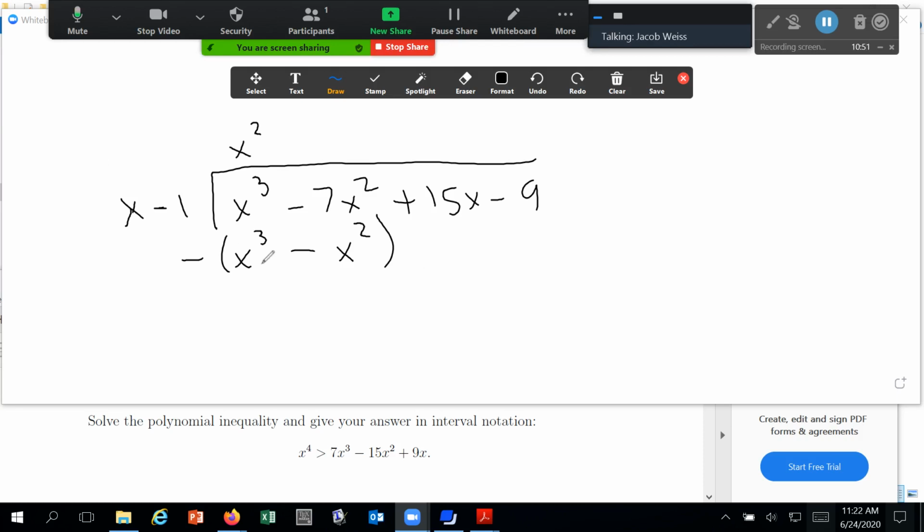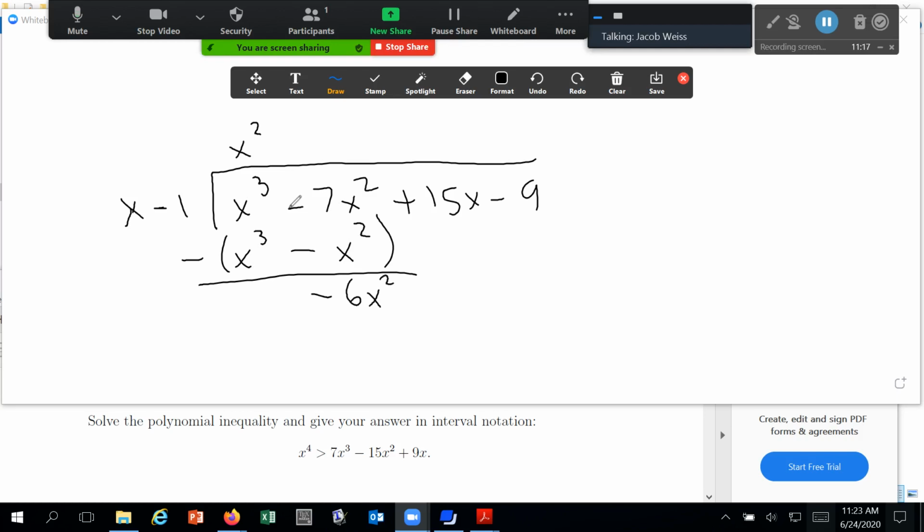We're subtracting this whole thing, so you have to distribute the minus sign through. So we have a negative 7x squared here and a minus negative x squared. So that's negative 7x squared, and this would be plus x squared. So altogether, that gives us a minus 6x squared. And then x cubed minus x cubed is 0. We don't have to write 0.